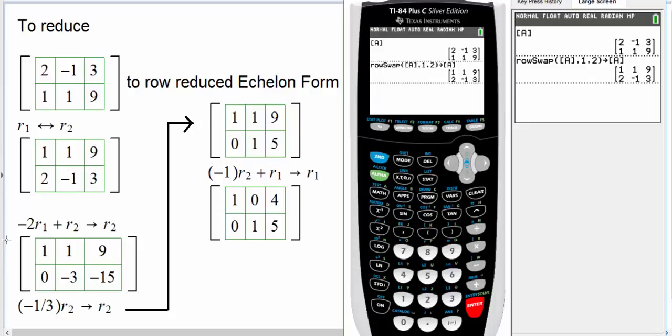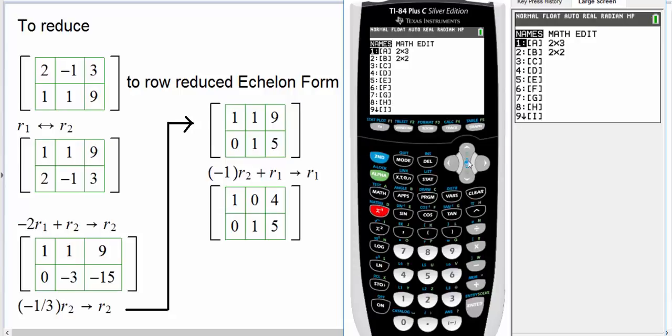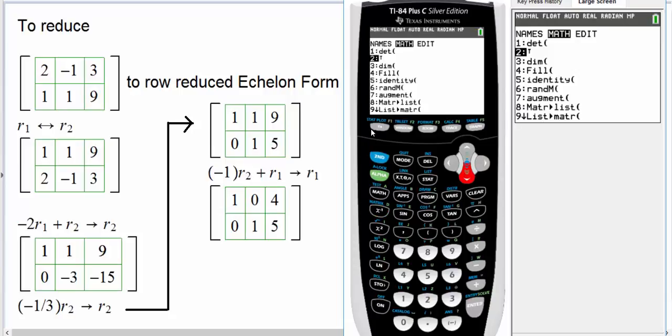So again, we want to multiply row number 1 with negative 2 and add it to row number 2. Let's go back to those math operations and see which operation will do that.